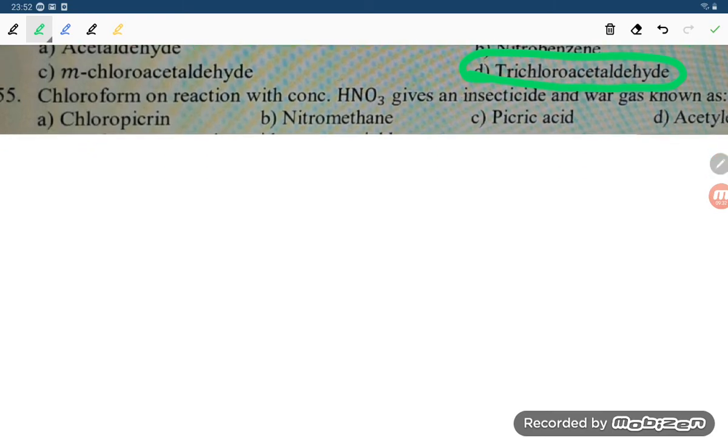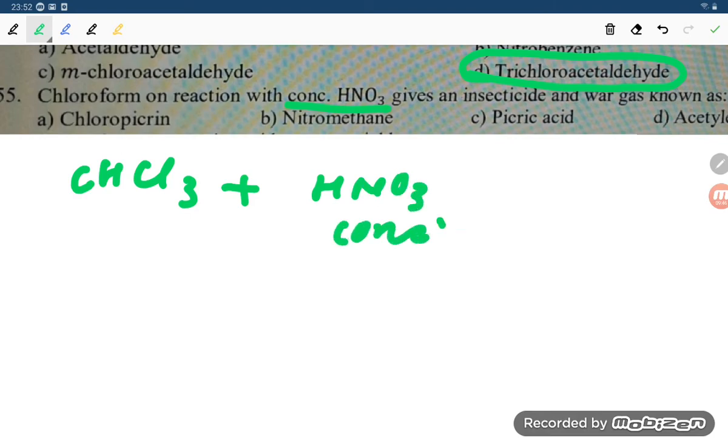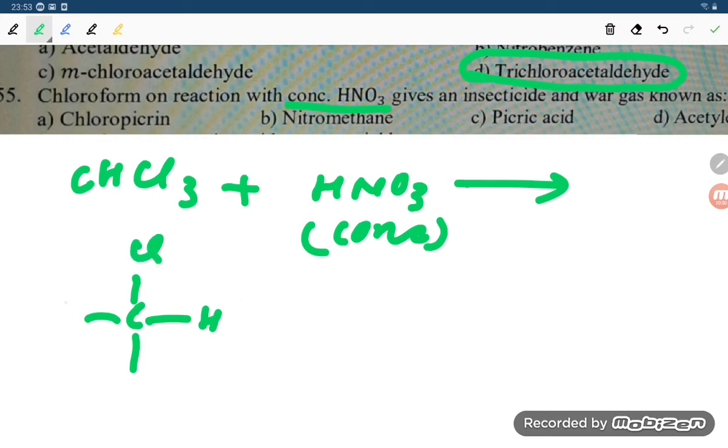Now question number 55, student. Chloroform, CHCl3, on reaction with concentrated HNO3, what is it giving, student? Let us write in detail. Chloroform: C with hydrogen, chlorine, chlorine, chlorine, and this is OH and NO2.